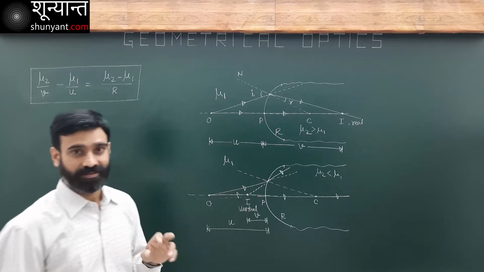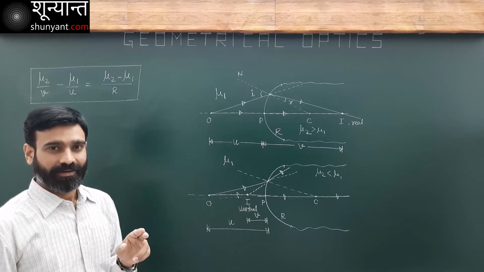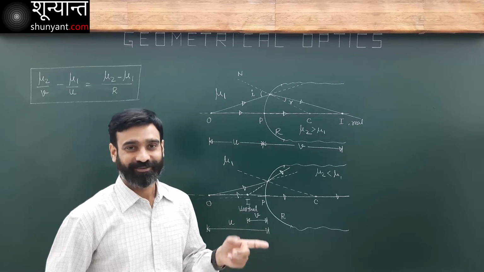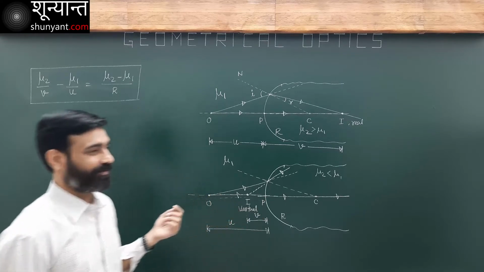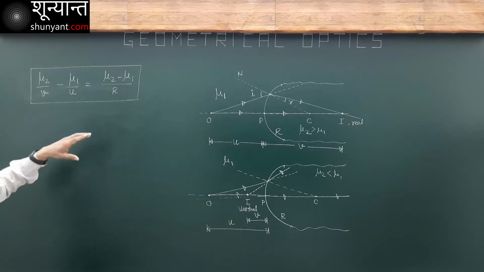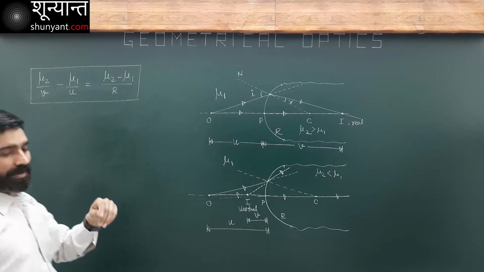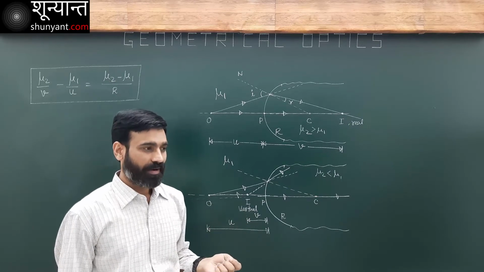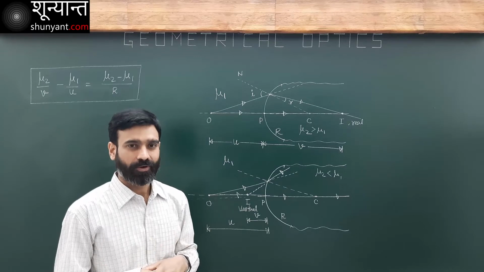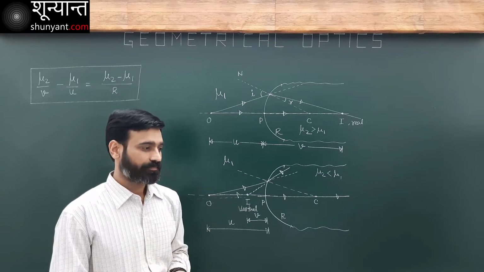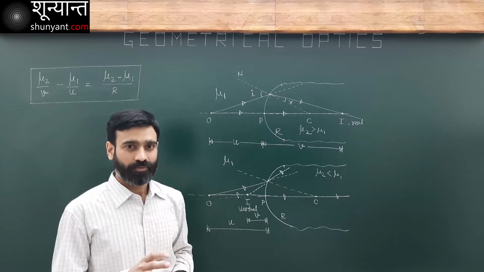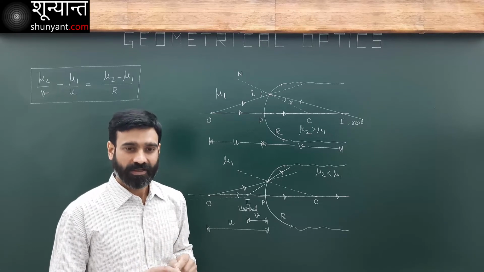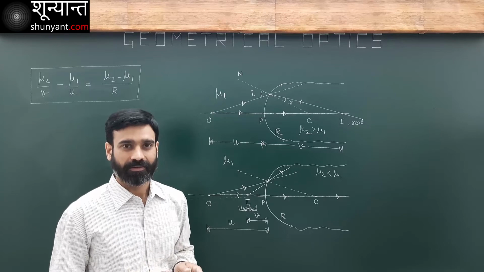Not all the cases, but some cases, and they are the cases which are actually asked in exams. You know why. Mu1 and mu2 are defined in 2-3 different ways in different sources. But here, let's do it in a manner which is unambiguous, where there is no scope for any ambiguity.